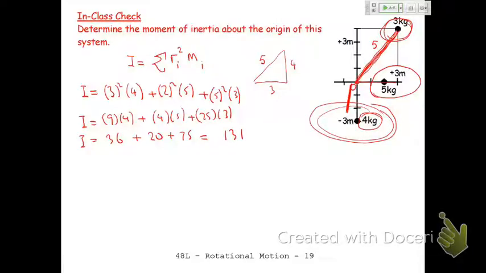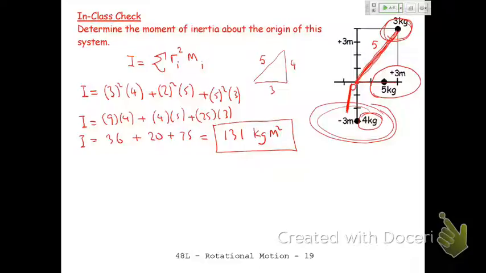What would the units be? Look at your equation. Kilogram meters squared. Always look at your equation for your units. So, not bad. It's a little bit long, but not bad.